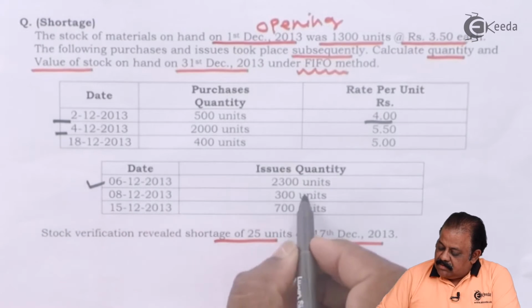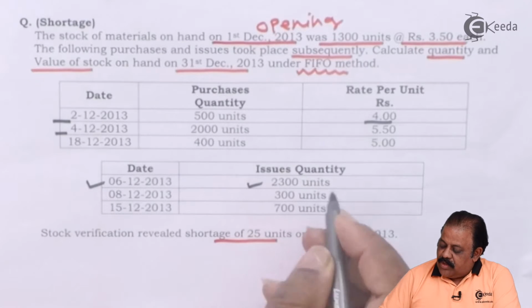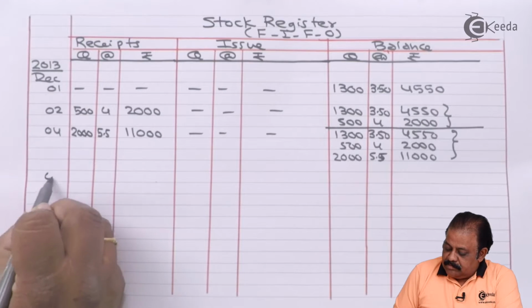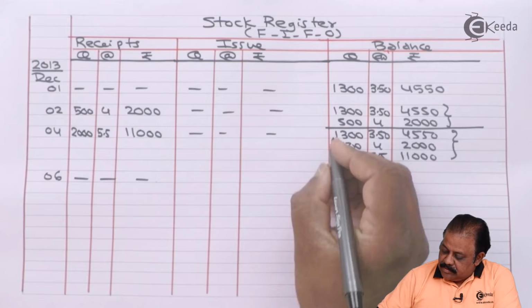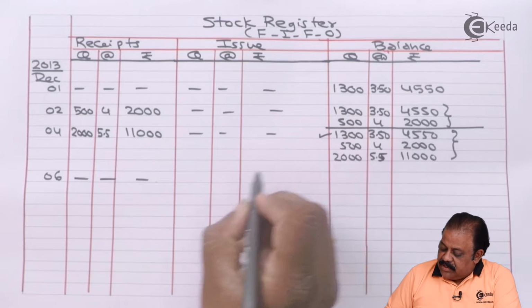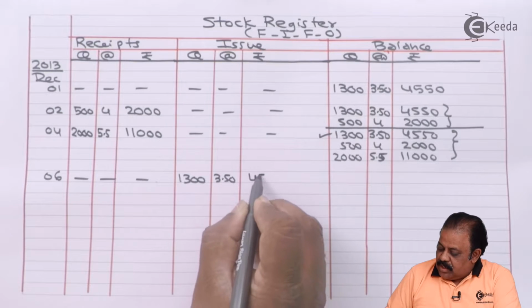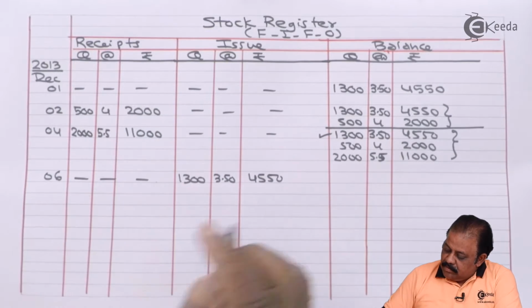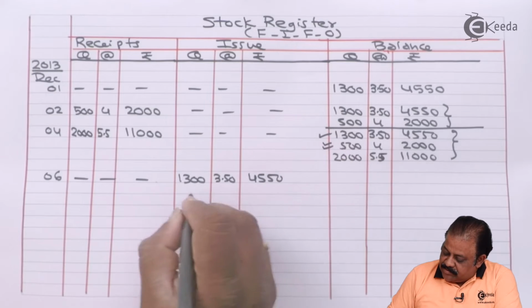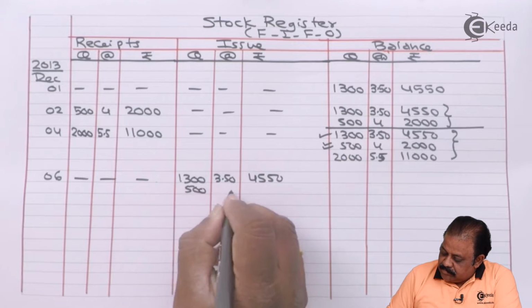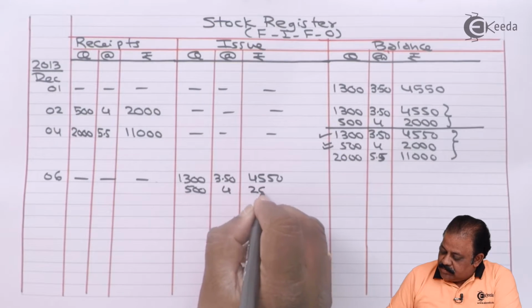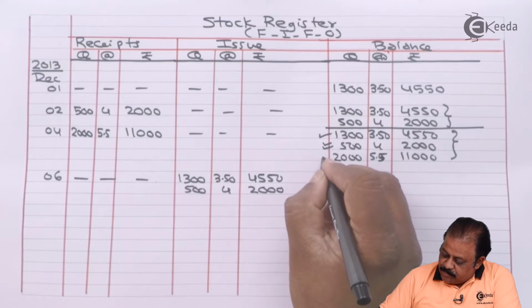On 6th December there is issue of 2300 units. It will be issued first from 1300 units, 4550. Next 500 units at the rate of 4, 2000.